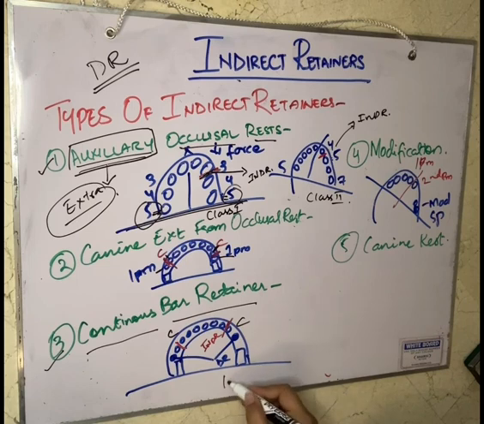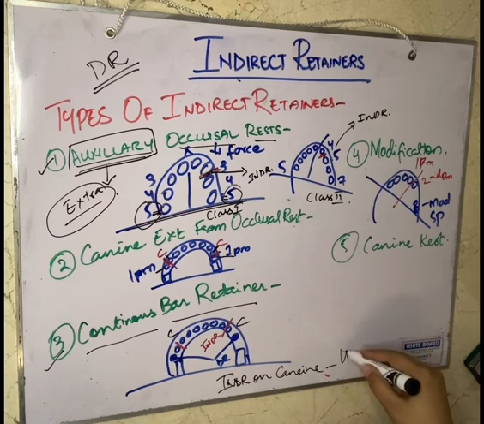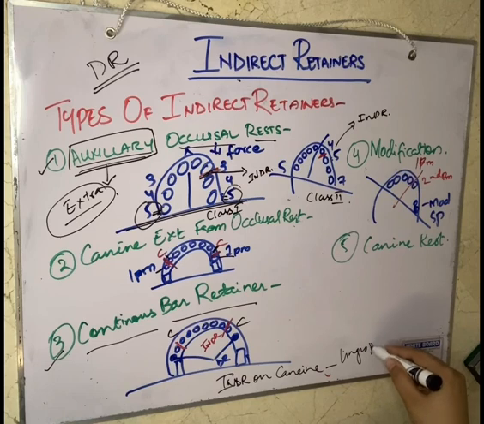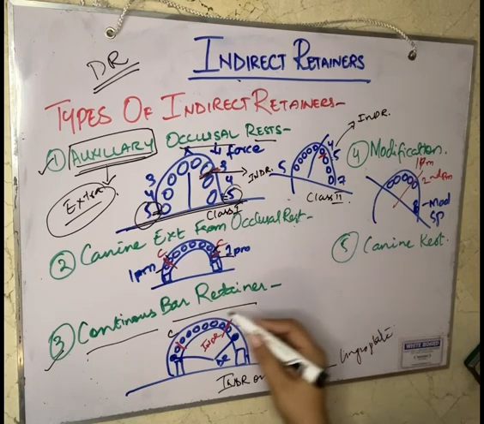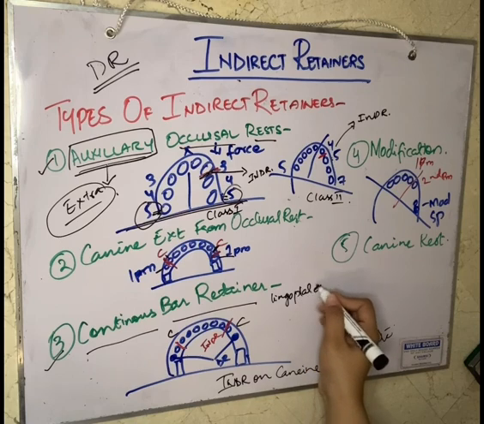So indirect retainers are on canine, and it will be extended in the form of a linguoplate. So it is also known as the lingoplate. The continuous bar retainers are also known as the linguoplates, right?